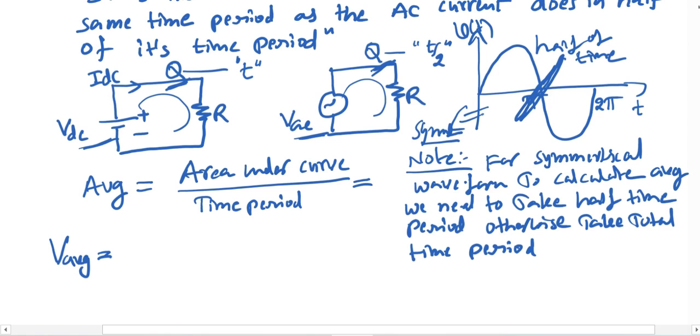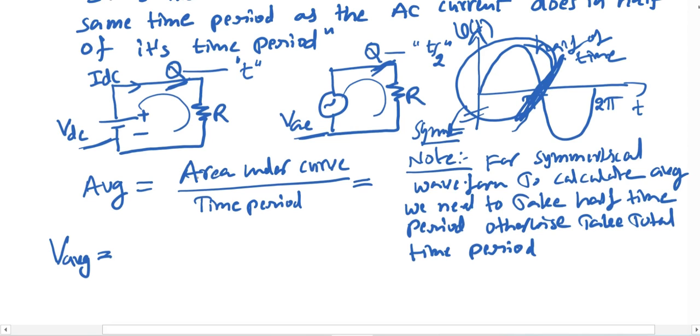For this signal I will only go with the half cycle and calculate the average of that waveform. Otherwise, if you go with the full cycle, the average of the positive cycle and negative cycle will become 0, isn't it? That's why for a symmetrical system you cannot go for the full cycle, so we are going to consider the half period of this system here.